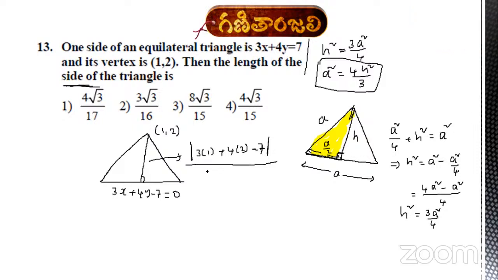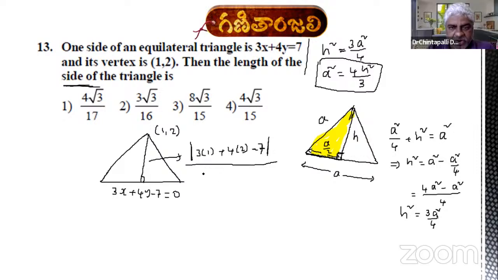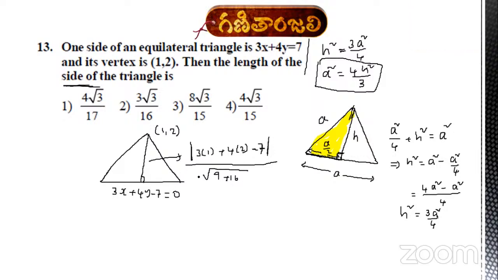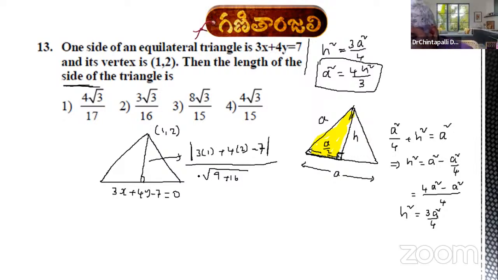Mod of ax1 plus by1 plus c by the square root of a square plus b square, that is the square root of 9 plus 16. The minus 7 is not used in the denominator, but in the numerator it must be used.